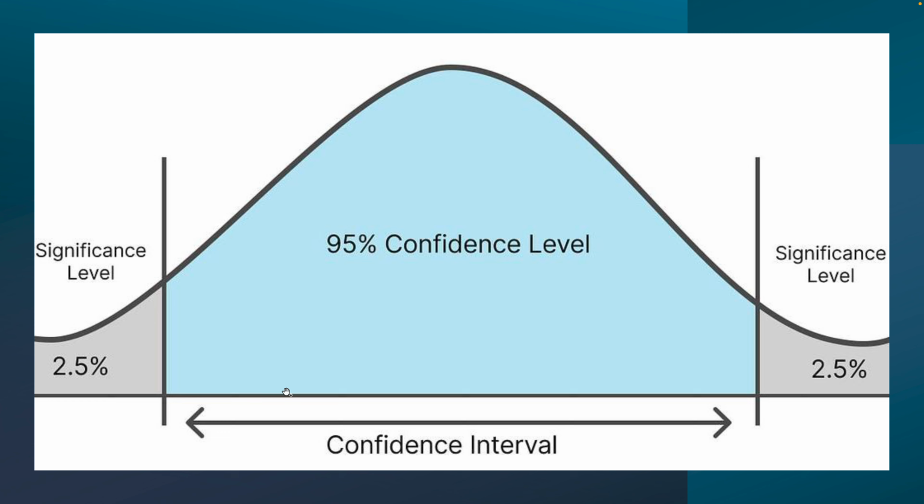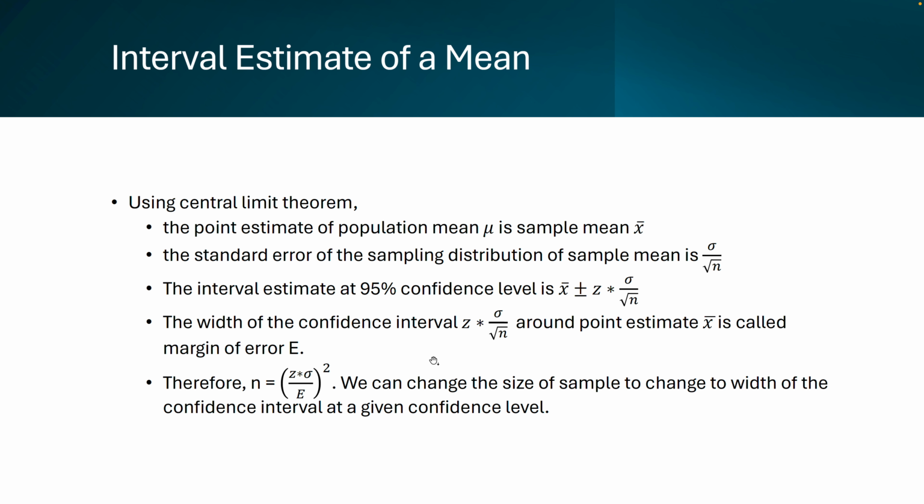So we multiply by z, which is nothing but your standard deviation scaled by the standard error. This width is also referred to as the margin of error. So we know that E is equal to z times sigma by root n. So there are these four quantities. If you are given any three of these, you can determine the fourth. So now repurposing this equation, we can arrive at n is equal to (z sigma by E) whole square.